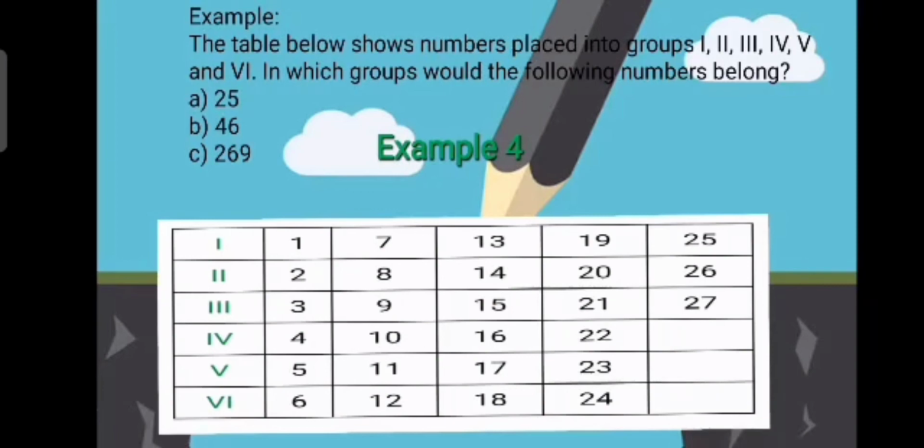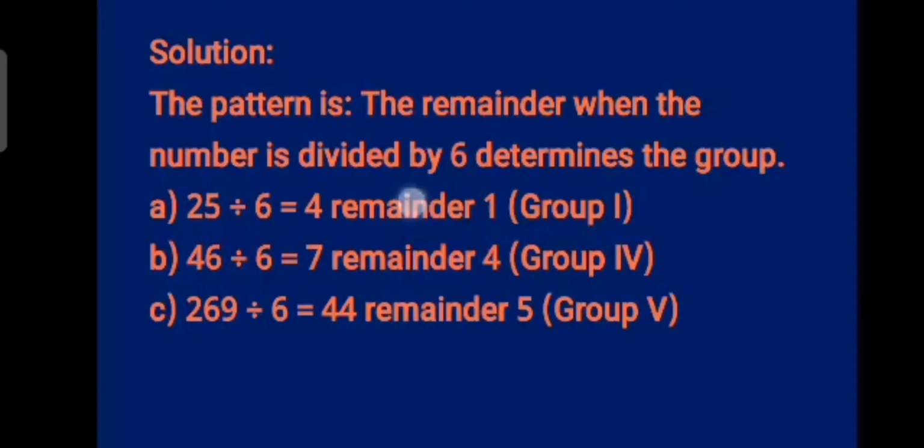In order for us to know which group these given numbers belong to, we have the solution. So the pattern is the remainder when the number is divided by 6 determines the group.